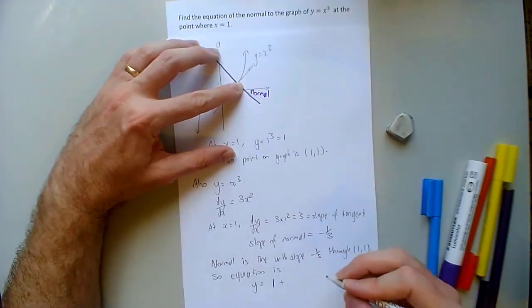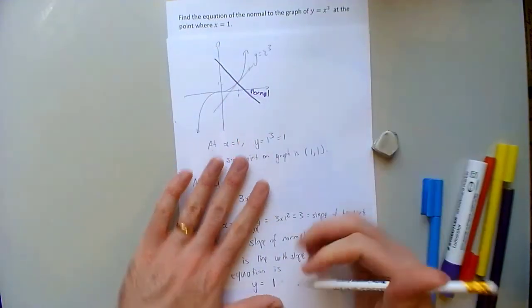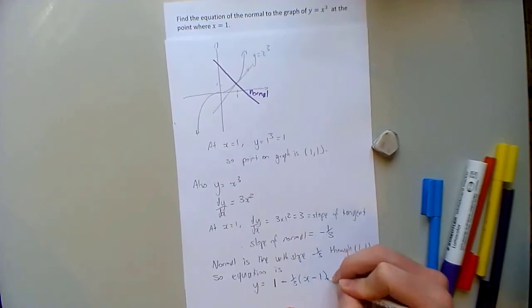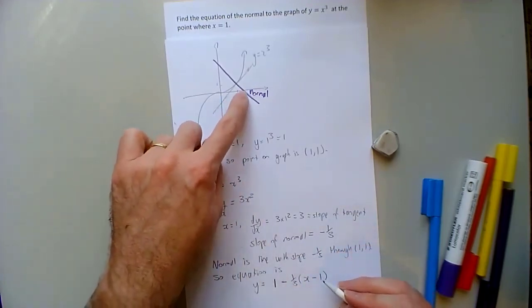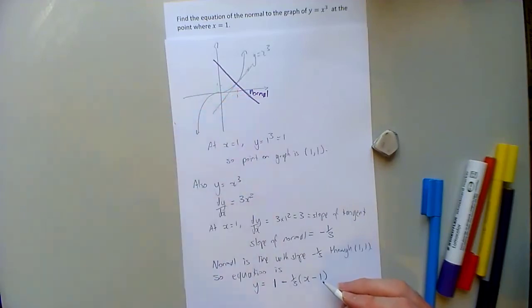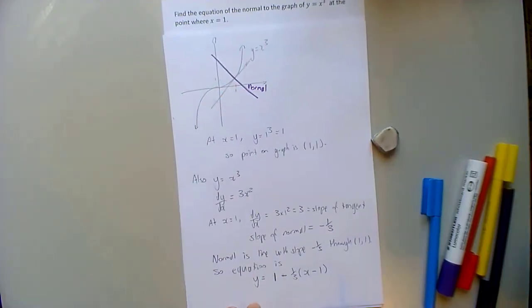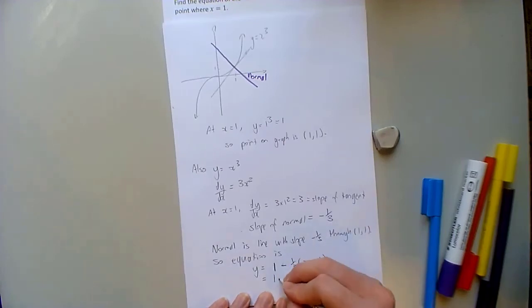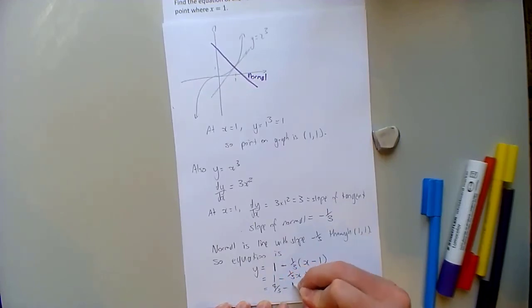So it'll be -1/3 times x minus 1, because x minus 1 is how far away from 1 you are, and the -1/3 is how far down you go for every step of that size. Okay, and it's tradition to expand that out. So 1 minus 1/3 of x plus 1/3, so that's 4/3 minus 1/3 of x.